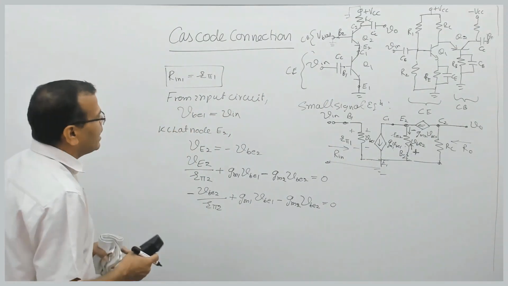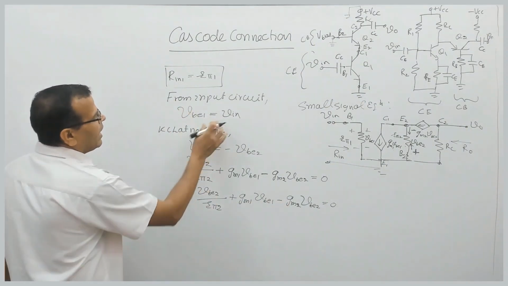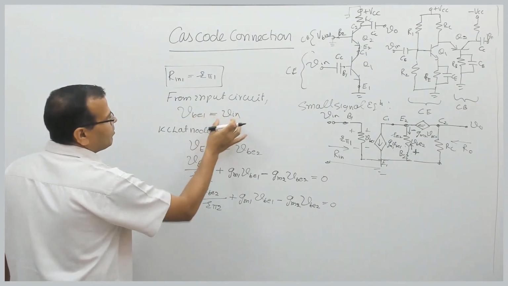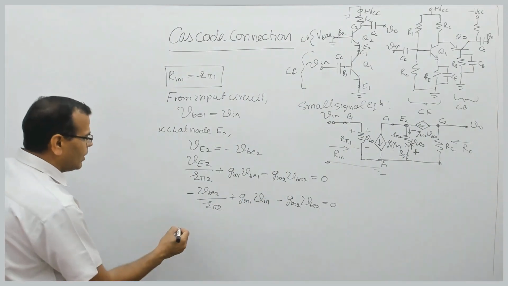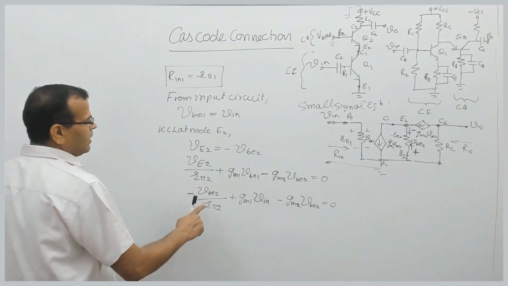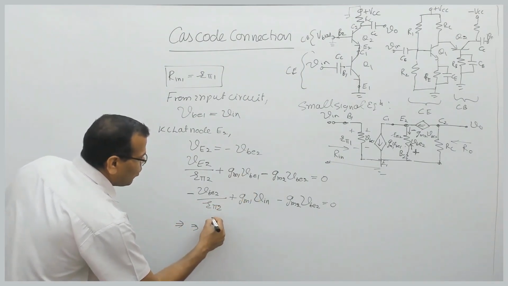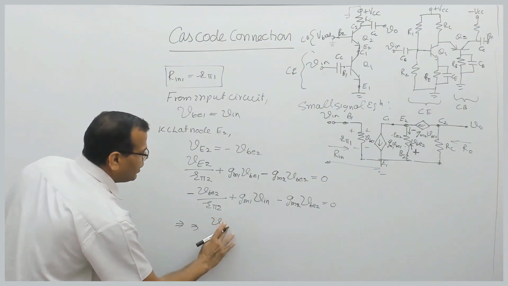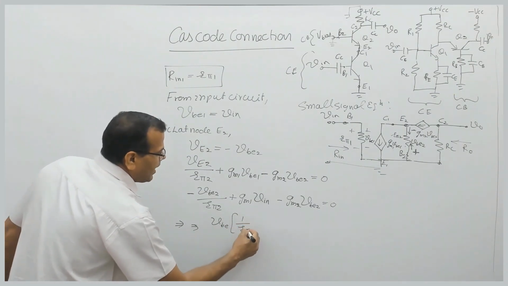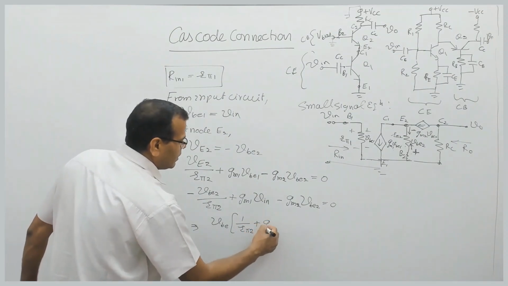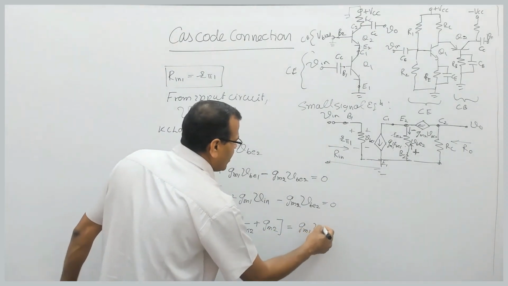So from here we get the relationship between VBE1 and VBE2. And you know VBE1 is Vin, so I am replacing it by Vin directly. This gives the relationship between VBE2 and Vin: VBE2 into 1 by R pi 2 plus GM2 is equal to GM1 Vin.